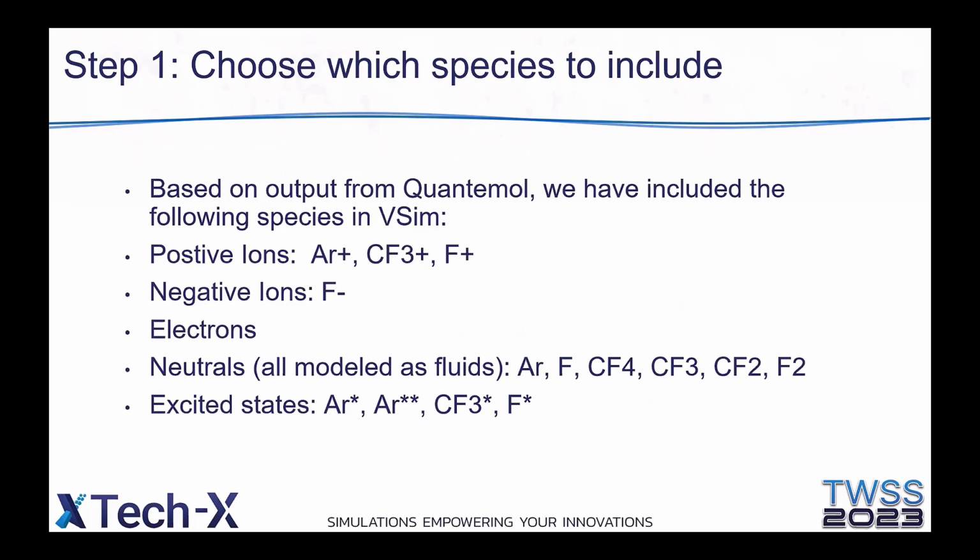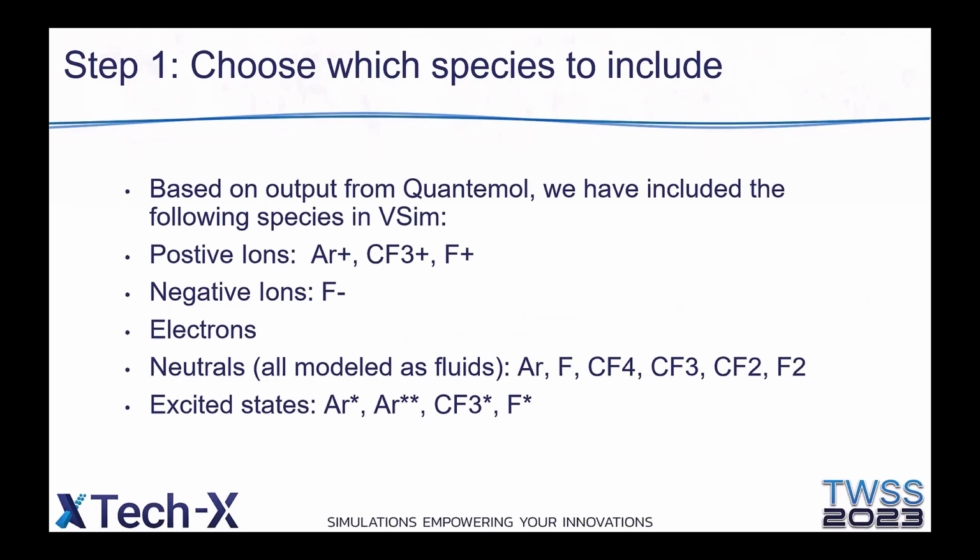For the work I'm going to be presenting here, I've included these 3 ion species, argon plus, CF3 plus, and F plus. I put in one negative ion species, F minus. I put in electrons.